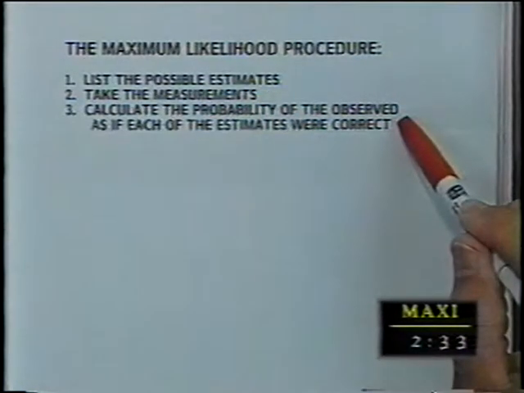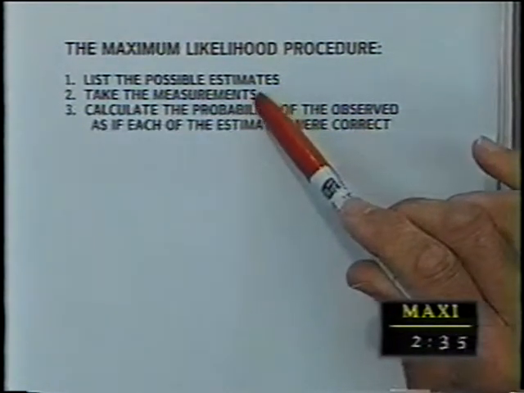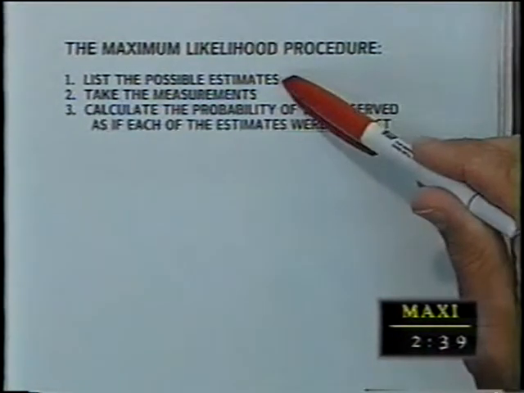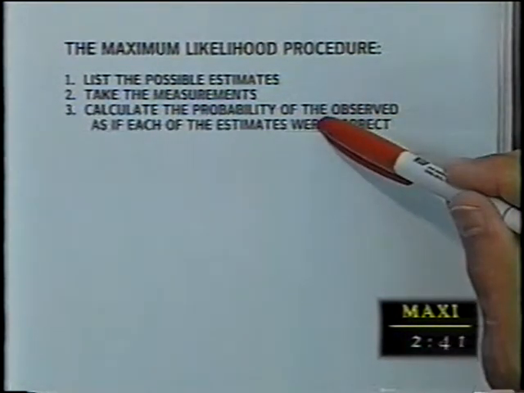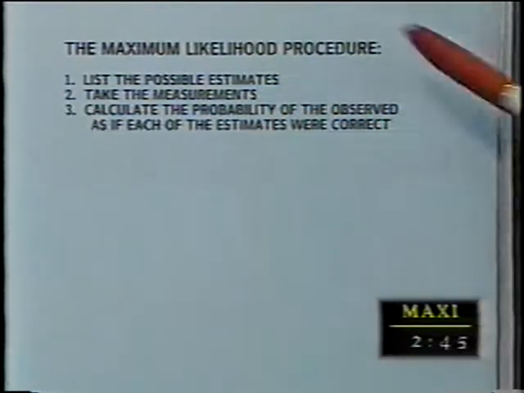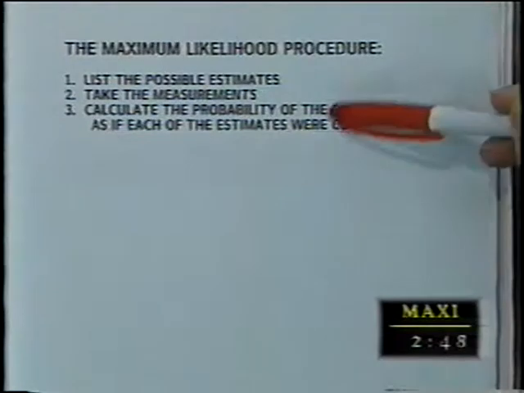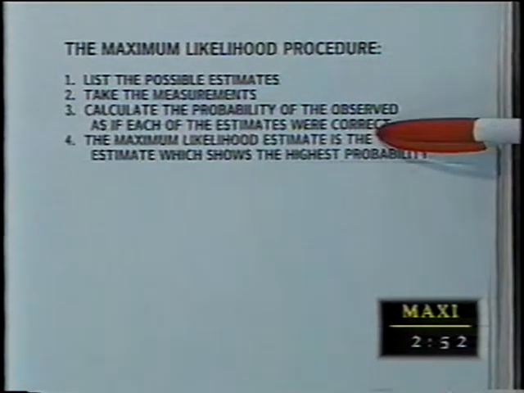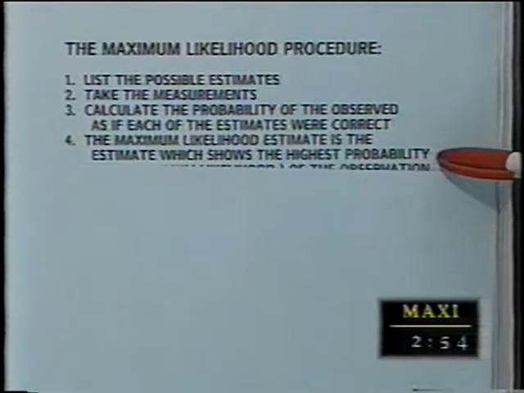If my book were 10 inches, what's the probability that it would be 9.1, 8.9, and so on? So you assume the estimate is correct and calculate the probability that the measurements would occur. That can be done. That's a forward probability type of calculation. That's not too difficult. The maximum likelihood estimate is the estimate which shows the highest probability.